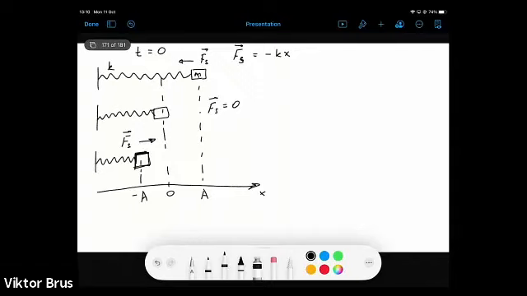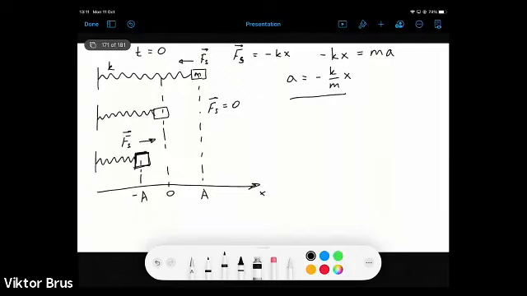So if we recall the second law of motion, we can write that minus k times x, the force which acts on the block, is equal to the mass of the block times acceleration. We consider a one-dimensional case, so it's acceleration along axis x. We can express acceleration from the previous equation: it will be minus k divided by m times x.